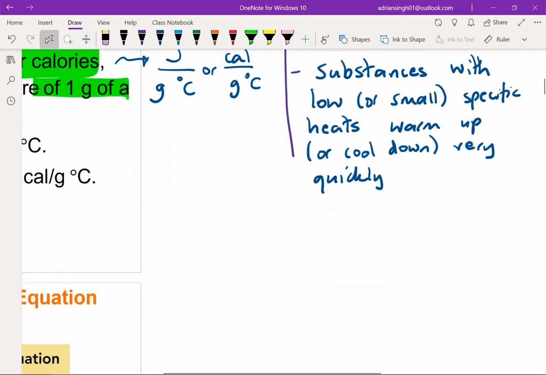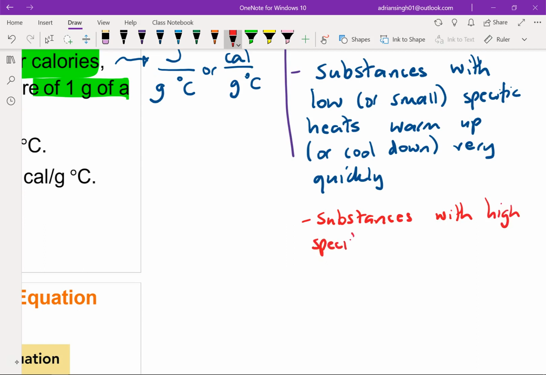And then conversely, substances with high specific heat or large specific heats warm up or cool down very slowly.